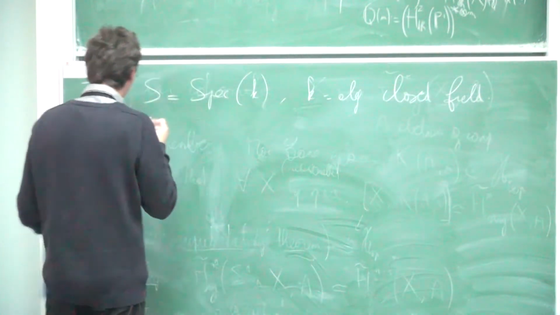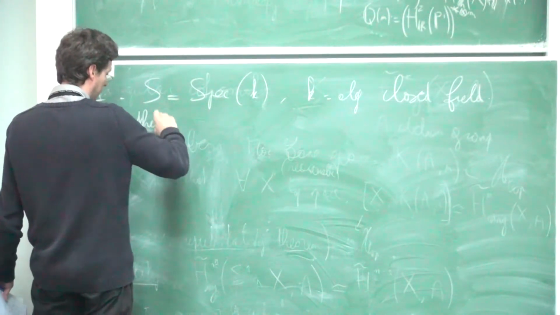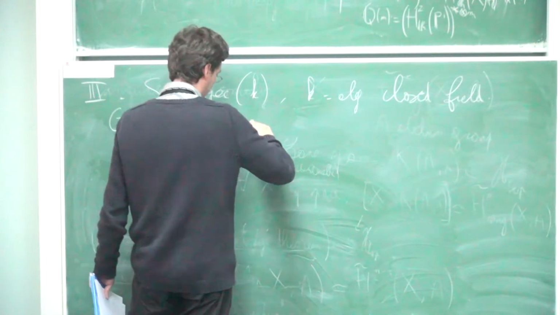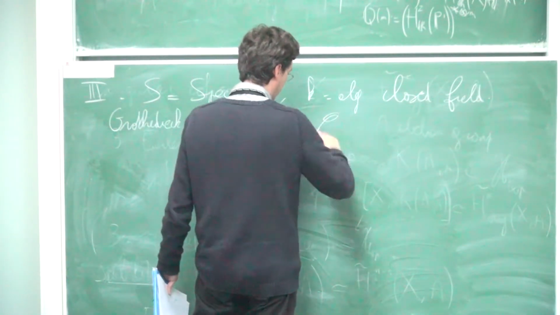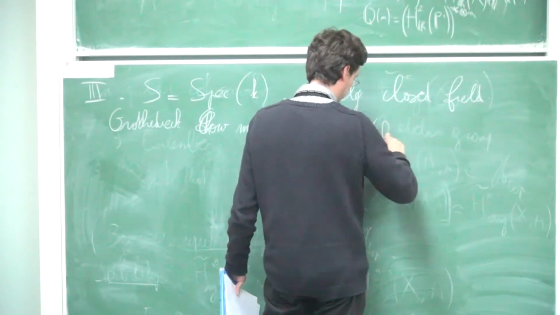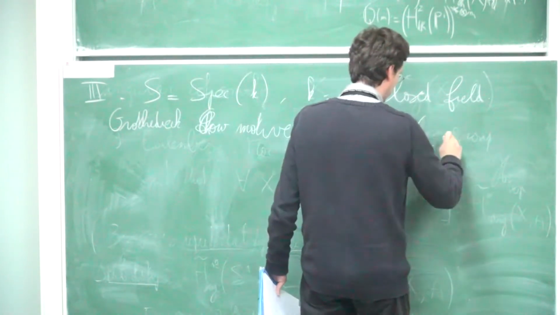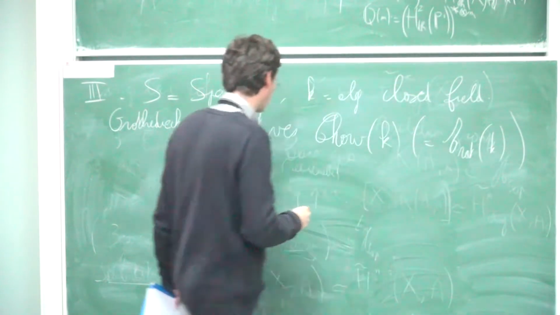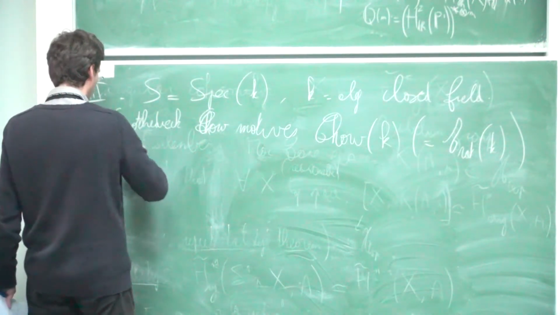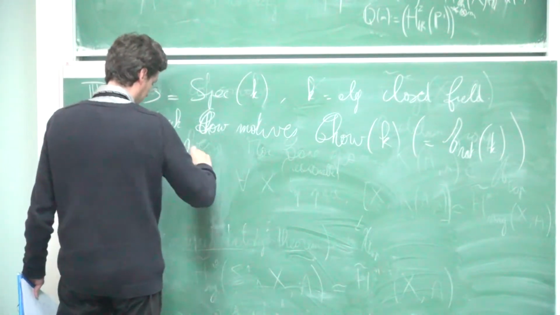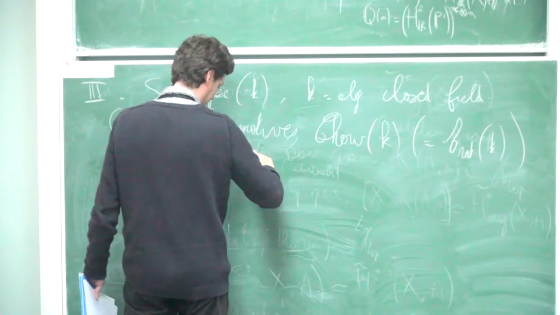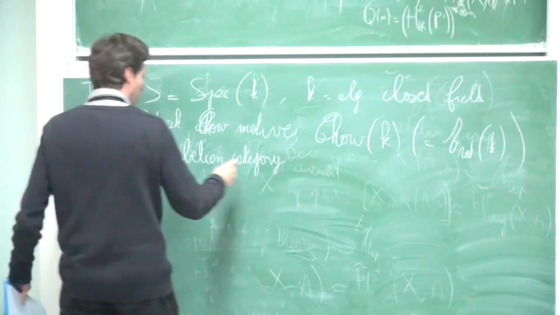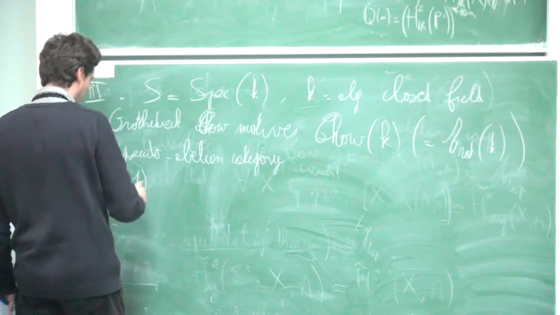Okay, then the theory of Grothendieck Chow motives, I'll denote that Chow(K), or this is also sometimes called M_rat(K), is a pseudo-abelian category, which I won't recall the definition of, but I give you some essential properties.